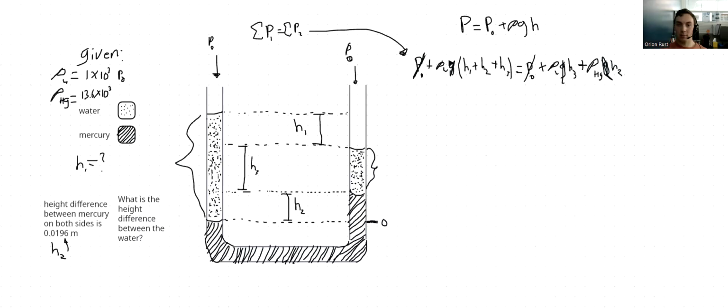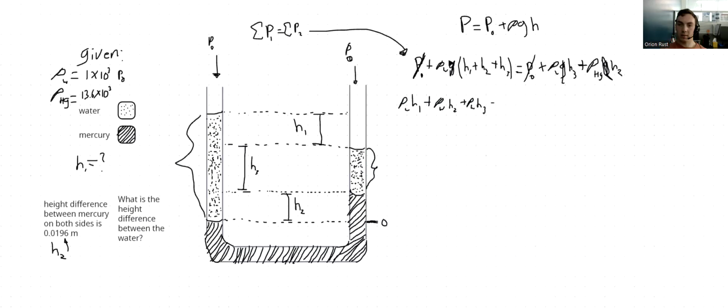So when we distribute the density of water, we get rho W H1 plus rho W H2 plus rho W H3. It's actually rho, not P, that's my bad.